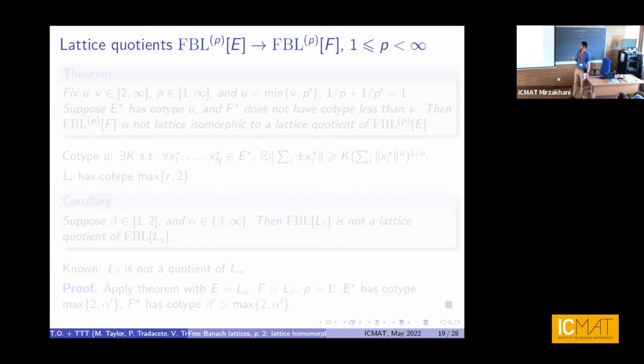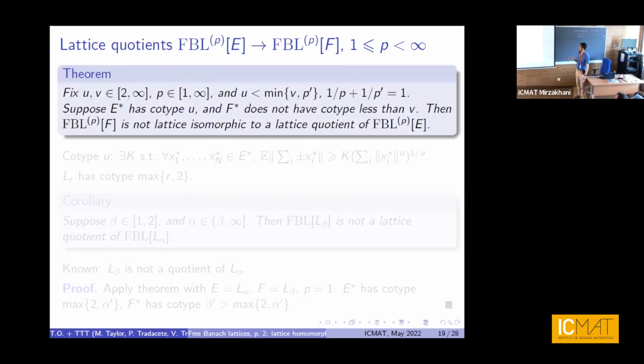And to tell the truth, I don't know of any examples when those free Banach lattices are the same, unless E and F themselves are the same. But at least in certain situations, we can prove that those Banach lattices are different. And instead of lattice isomorphisms between those, I will talk about a more general setting of lattice quotients.